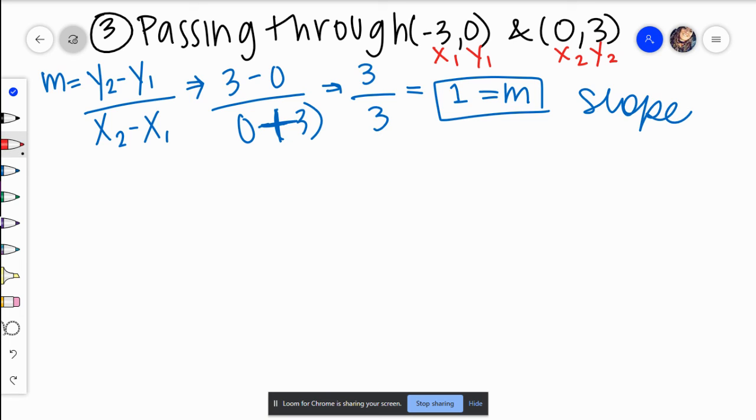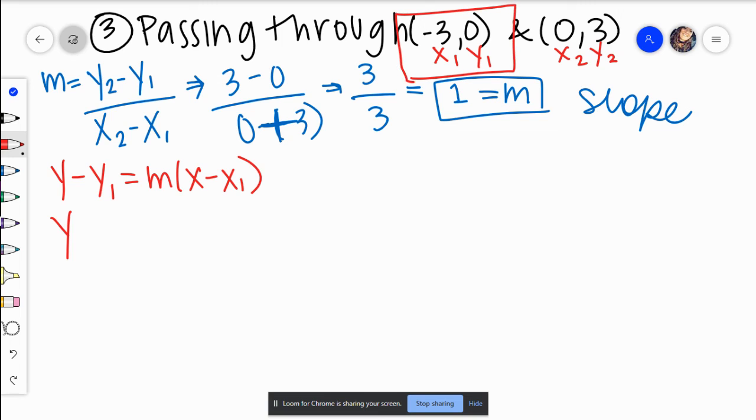And so now let's do our point slope form, which is y minus y1 equals m times x minus x1. I'm just going to recommend you use this one. It doesn't matter which one you use. You just pick one. But if you look at my formula, I have an x sub 1 and a y sub 1.